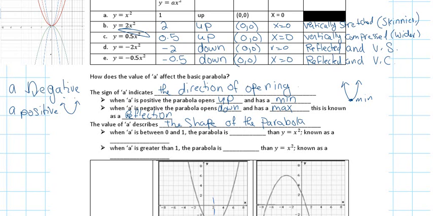So when A is between 0 and 1, the parabola is wider than y equals x squared, and we call this a vertical compression.